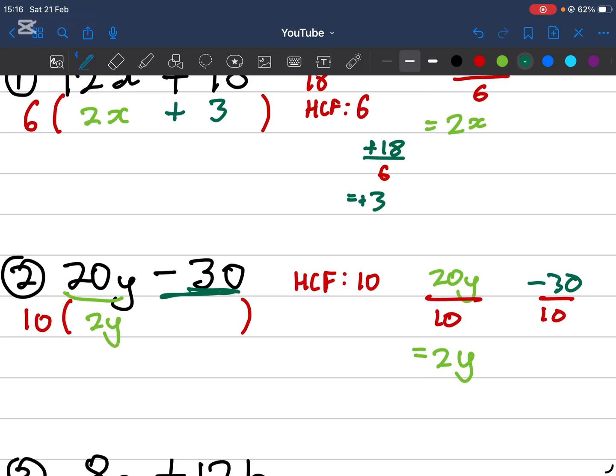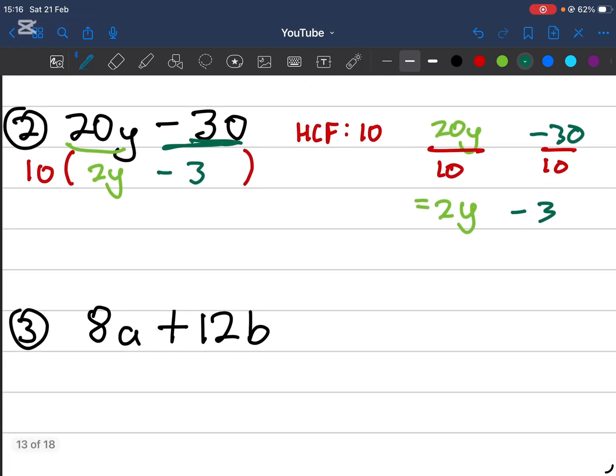Then negative 30 divided by 10 gives you negative 3, so it's minus 3. And that's been factorized. Let's look at this one.